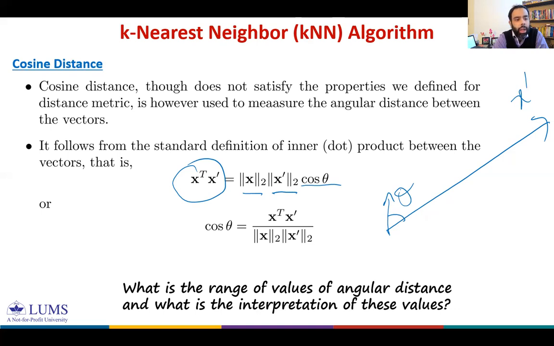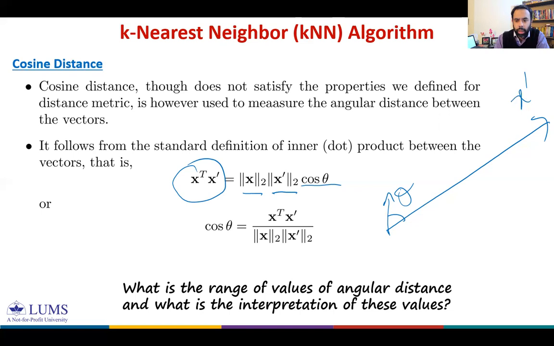I note here again that cosine distance does not satisfy the properties we require for distance. However, it is still useful when the magnitude does not matter, and you are only after the orientation, the angle between the vectors. Okay.